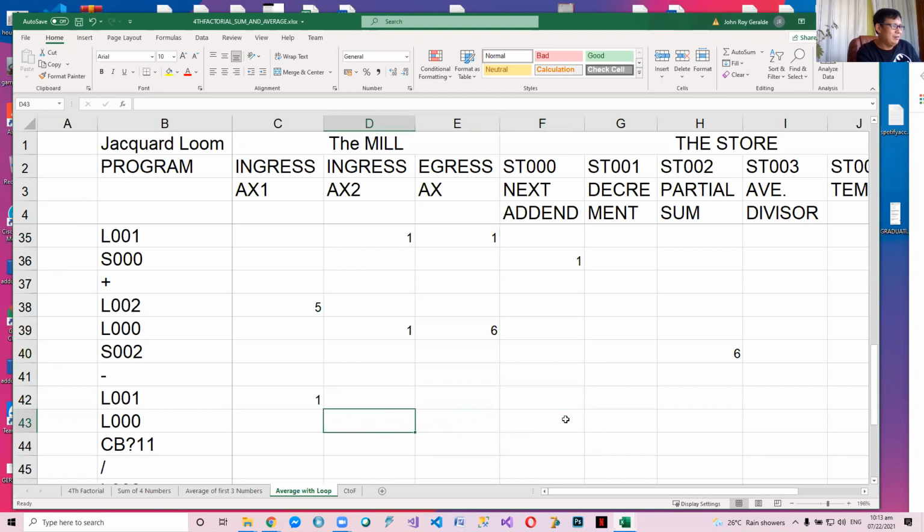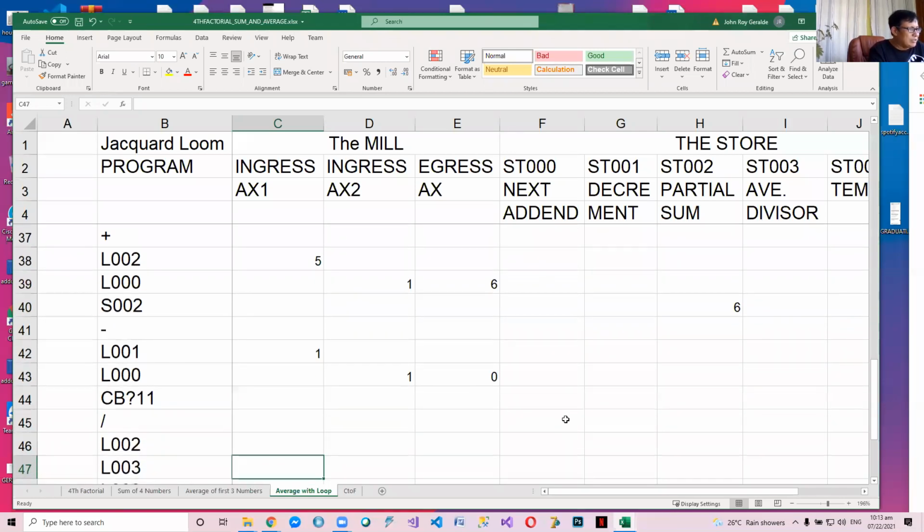The next addend. 1 minus 1 is a 0. Okay? Do you follow? So this will not do a set. This will not do a set because the 0 and 1 are the same sign. Okay? So what we will do is we will not go back 11 steps further, but we will just continue.